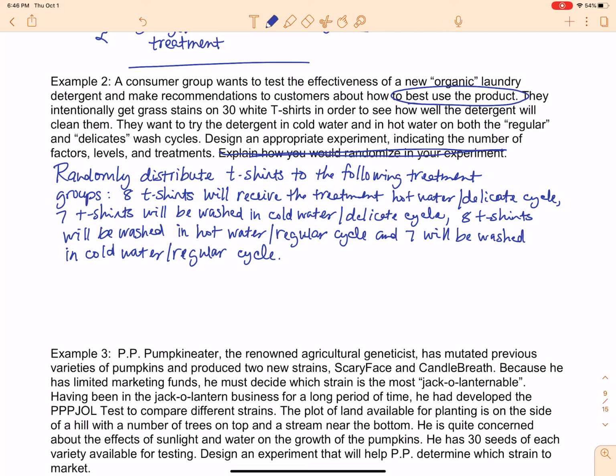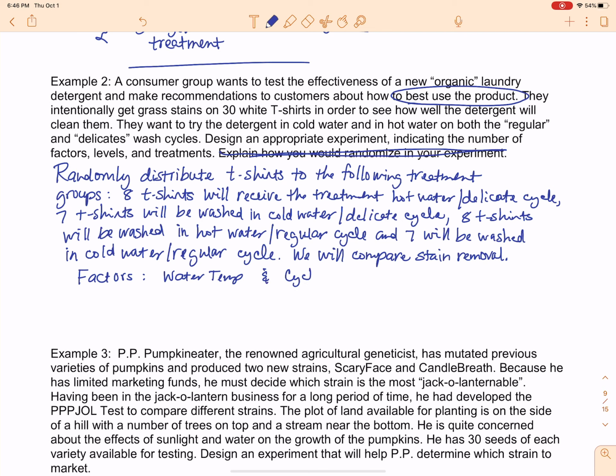And what are we going to compare? We will compare stain removal. That's what we're comparing. It also tells us to indicate the number of factors, levels, and treatments. So obviously we have factors of water temperature and cycle.